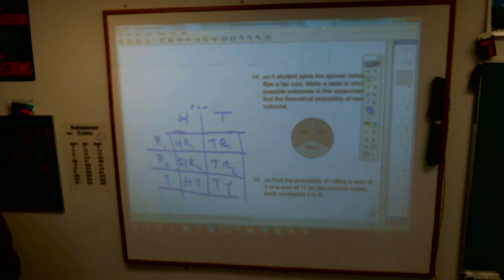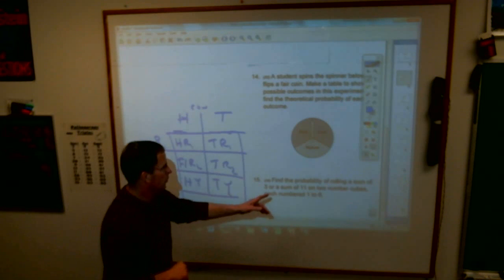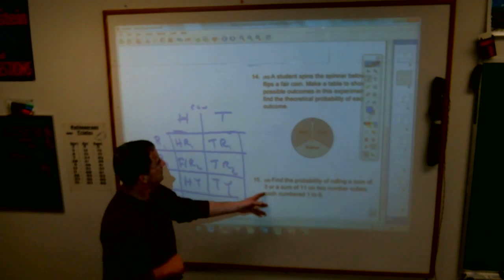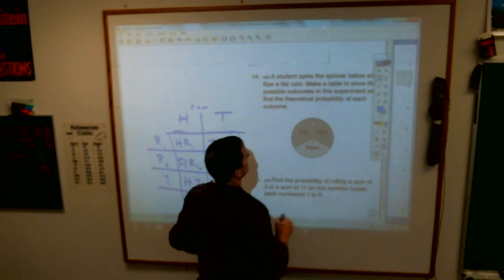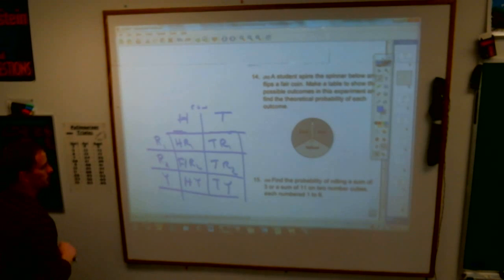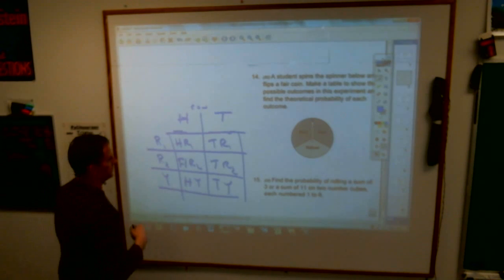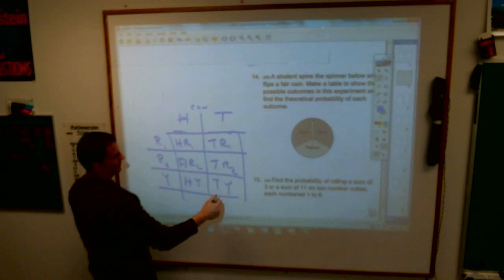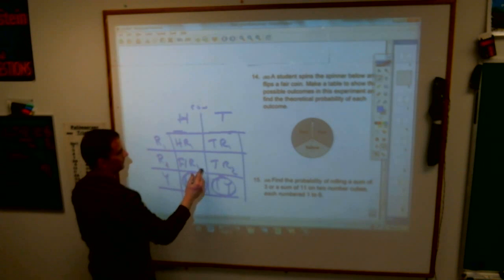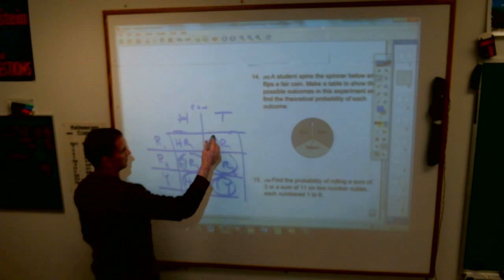And then the question it asks you is, what is the probability of roll? Oh wait, that's a different one? No, that's the one of them. Oh, find the theoretical probability of each outcome. Well, I think they're calling the reds the same, so the probability of getting these, every one of them is just 1 in 6.